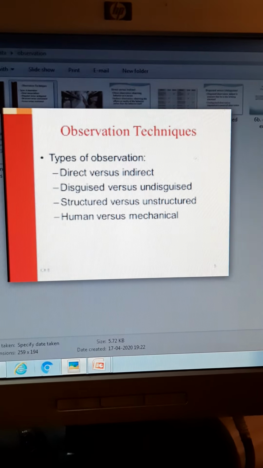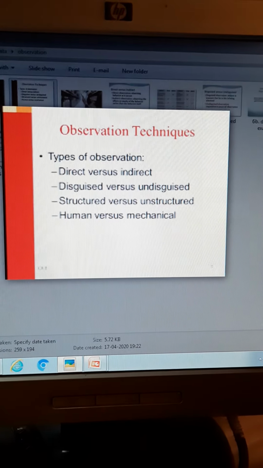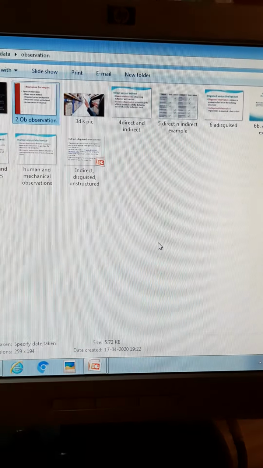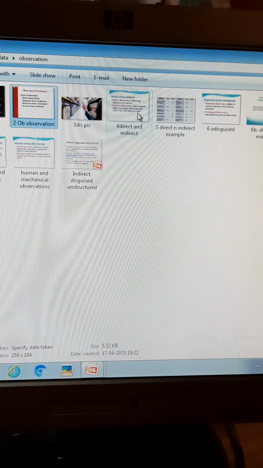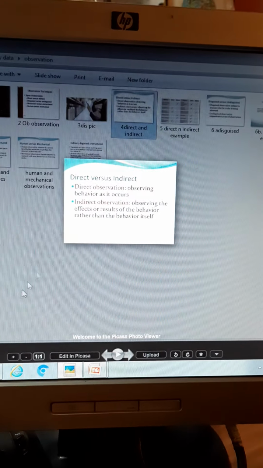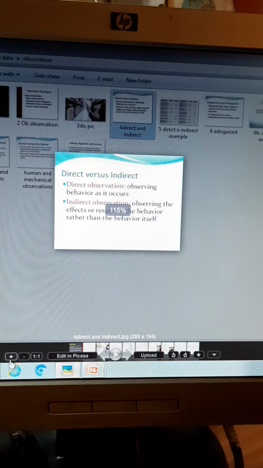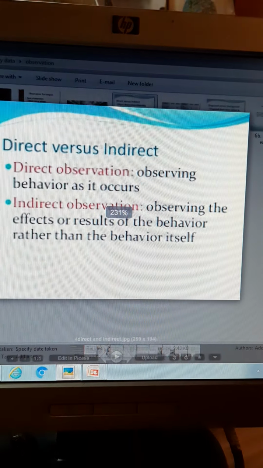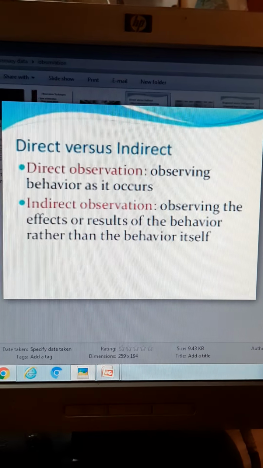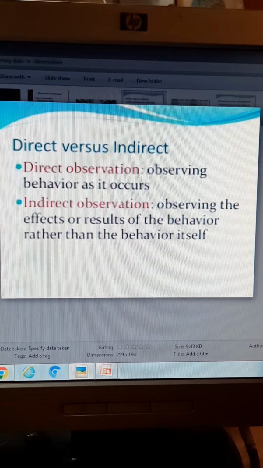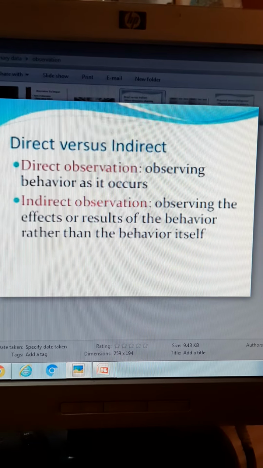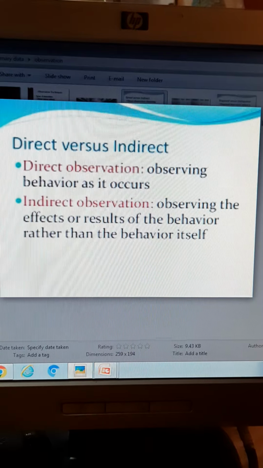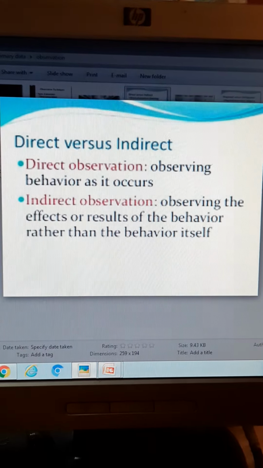We will see what is direct observation vis-a-vis what is indirect observation. So what is a direct observation? Direct observation is observing behavior as it occurs. Indirect is observing the effect of results of a behavior rather than the behavior itself.